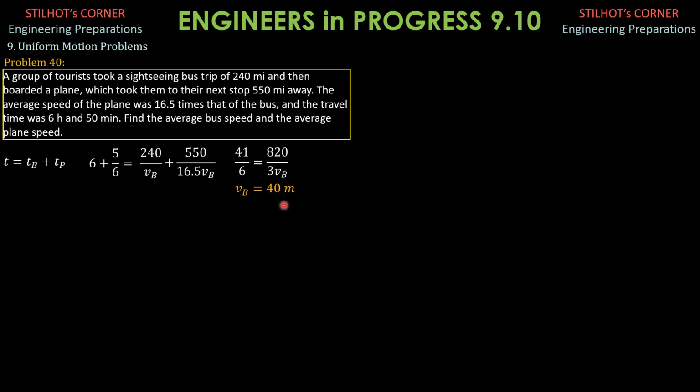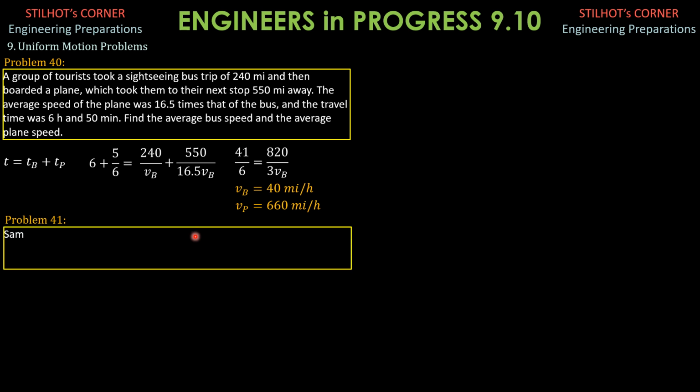That's the speed of the bus. And the speed of the plane is 16.5 times 40, which is 660 miles per hour. So that's it for problem 40.